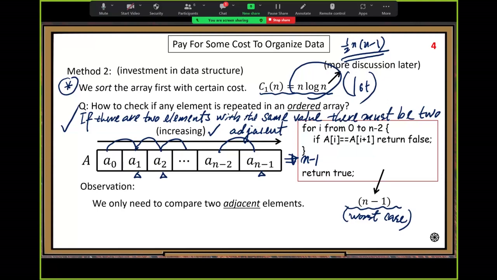But at least you can see that sometimes when we do some valuable work to organize the data, we can do much better in our processing part. So when we do the comparisons for processing, we can do much better.